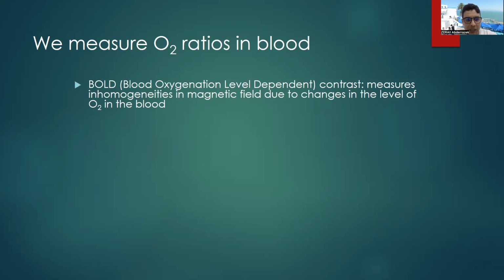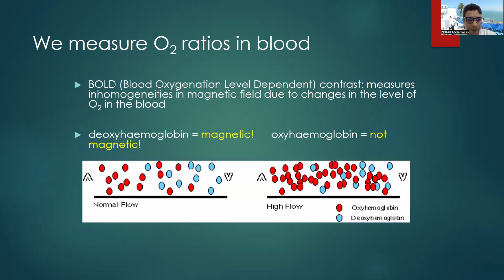The main objective of the blood oxygenation level dependent contrast is to measure the inhomogeneity in the magnetic field, which is the change in the level of oxygen inside the blood.